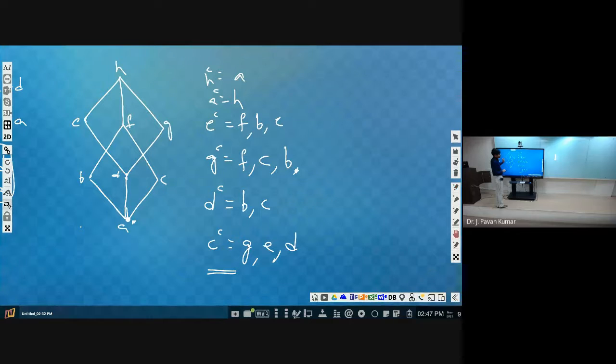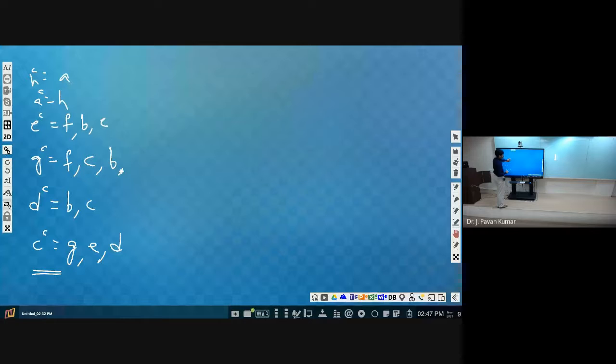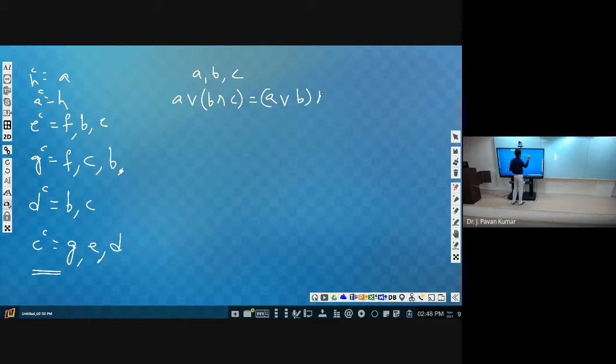Now consider what is meant by the distributive law. We have three elements A, B, C, and A intersection B union C is equal to A intersection B union A intersection C. This you can consider in the case of union and intersection.